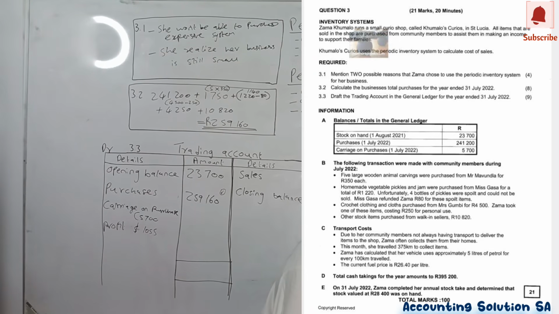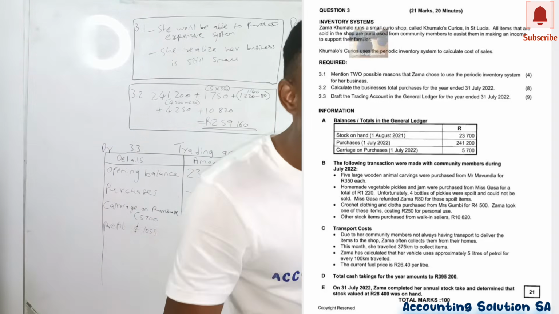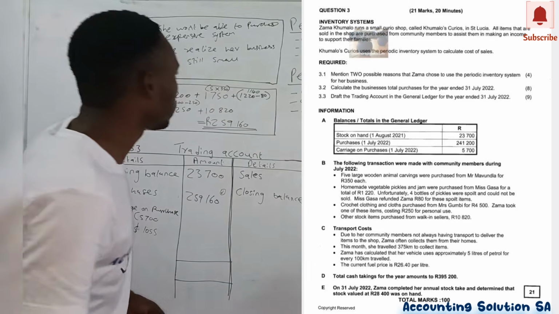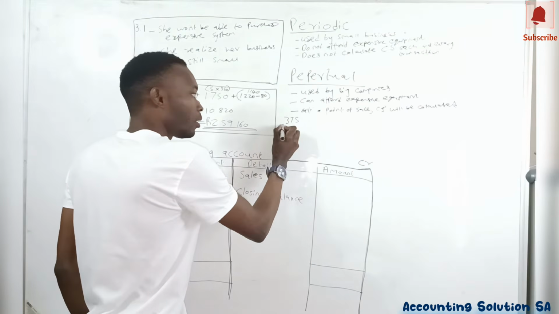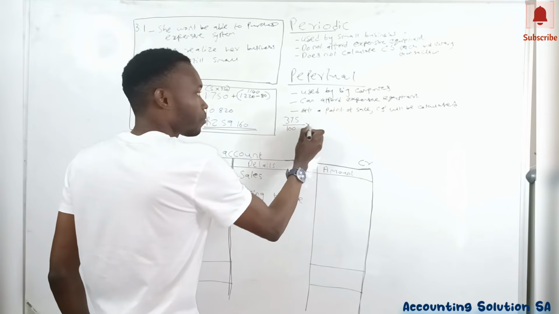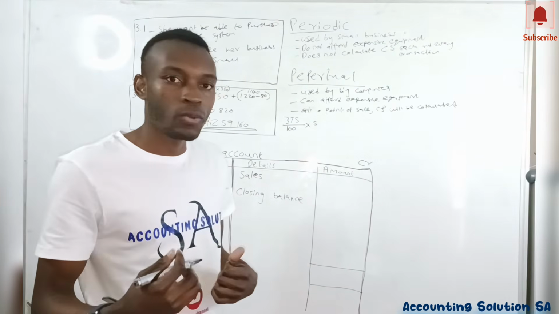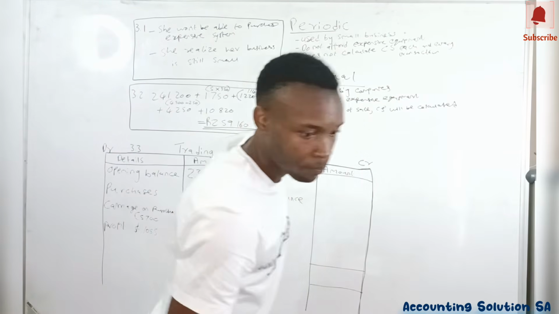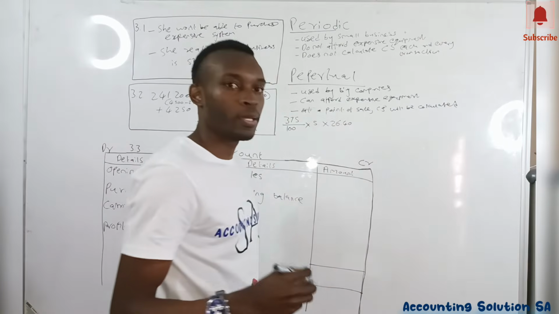Okay, let me open the calculator this way. All right, so in order for us to calculate this transport cost, this is what we are going to do. We are going to say 375, the total that she traveled, divided by 100, multiplied by 5 liters that she used. Then the answer that we get, we are going to multiply by 26 rand 40 cents, that she used per liter.